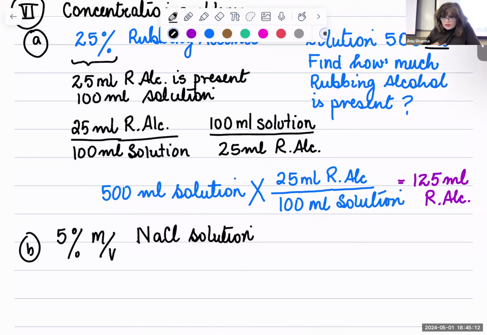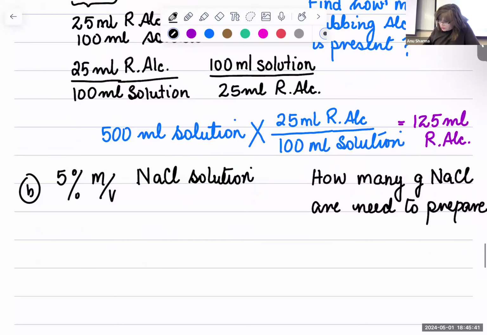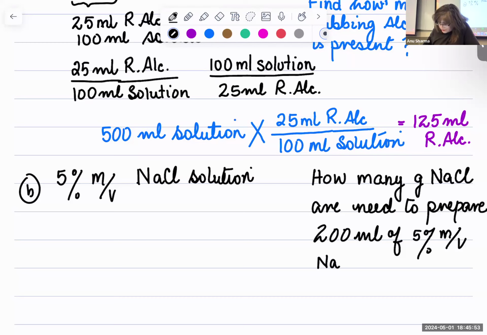Mass by volume salt solution. And so the question is, how many grams of NaCl are needed to prepare 200 ml of 5% mass by volume salt solution, NaCl solution.